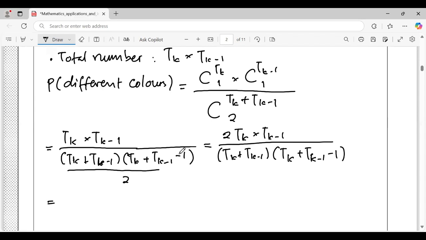And the next step, we're going to change the denominator as well as the numerator.